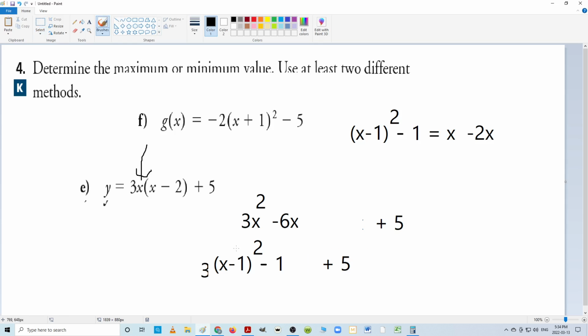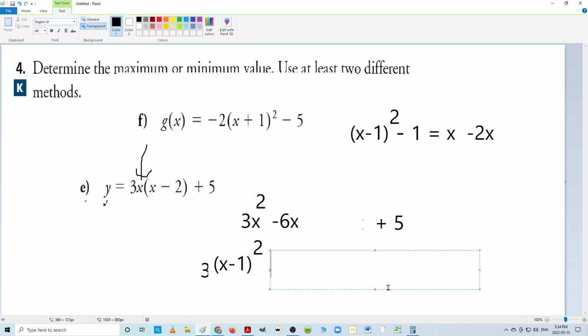And technically, when I did that, I should have put a big old giant bracket. So 3 times the minus 1, minus 3, plus 5, it's all plus 2 on the outside. Which means, since I have a plus coefficient, my vertex is 1, 2.